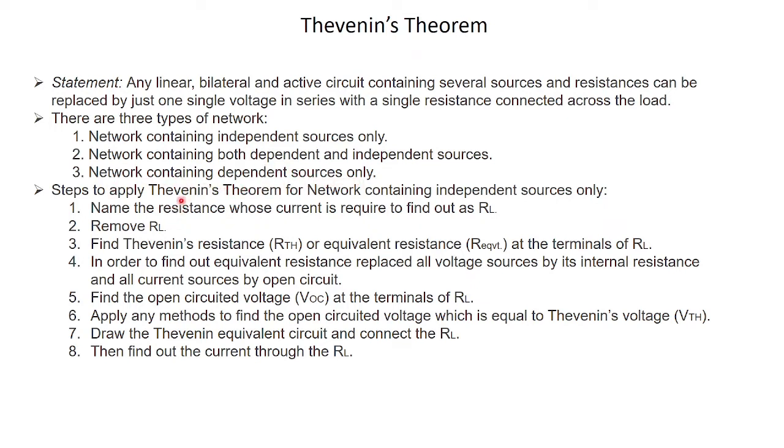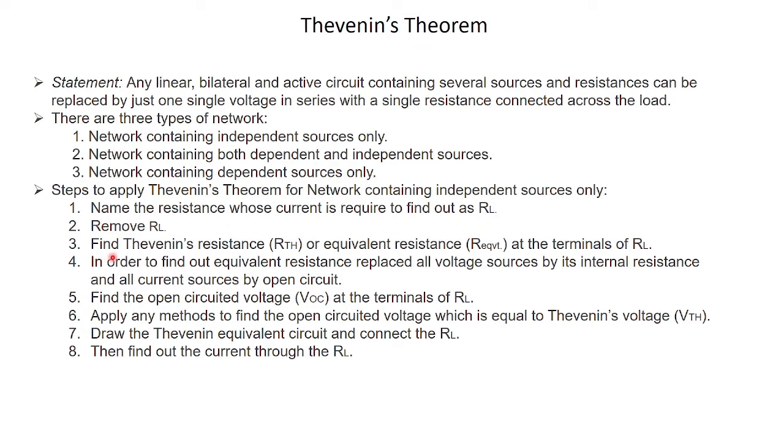Now we are going to discuss the steps to be applied when we solve a network containing independent sources only. First of all, we have to name the resistor whose current is required to be found as RL, or in the question the RL may be given. Then we will remove the RL and redraw the circuit.